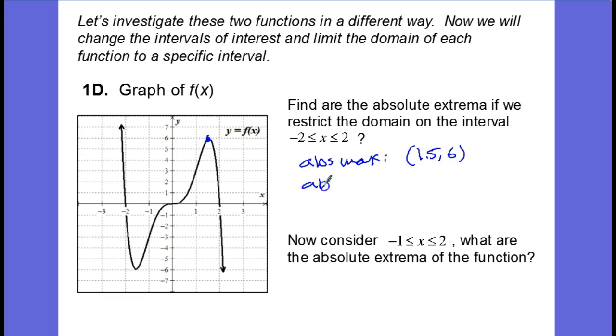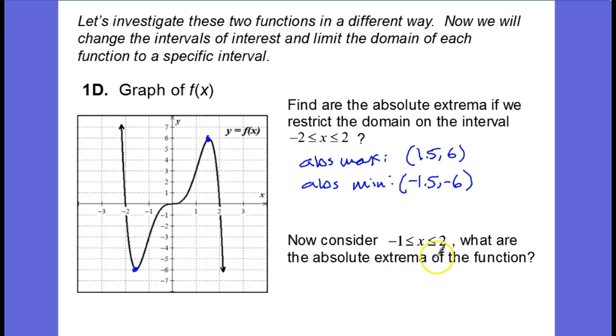What about an absolute minimum? Let's take a look. On the same interval from -2 to 2, I do have an absolute minimum. Again, (-1.5, -6), and no surprises, that was the relative minimum from earlier as well. Now they want me to look at an even tighter interval: -1 is less than or equal to x is less than or equal to 2.